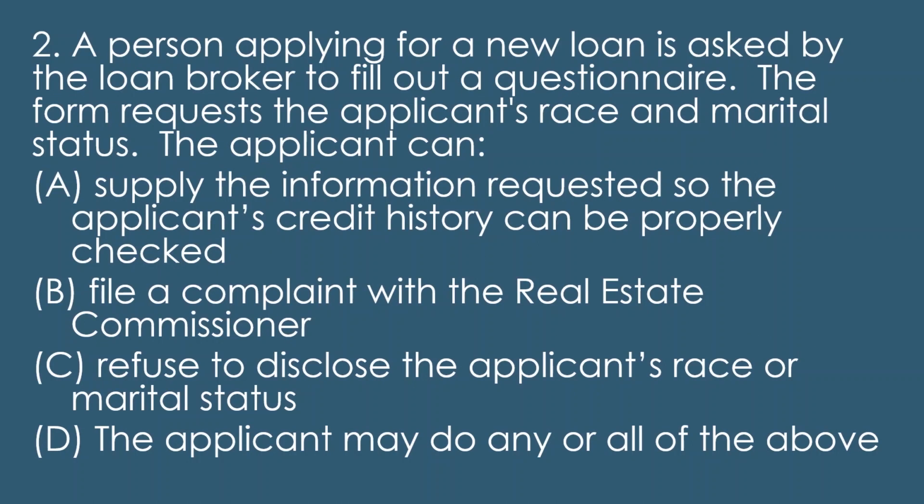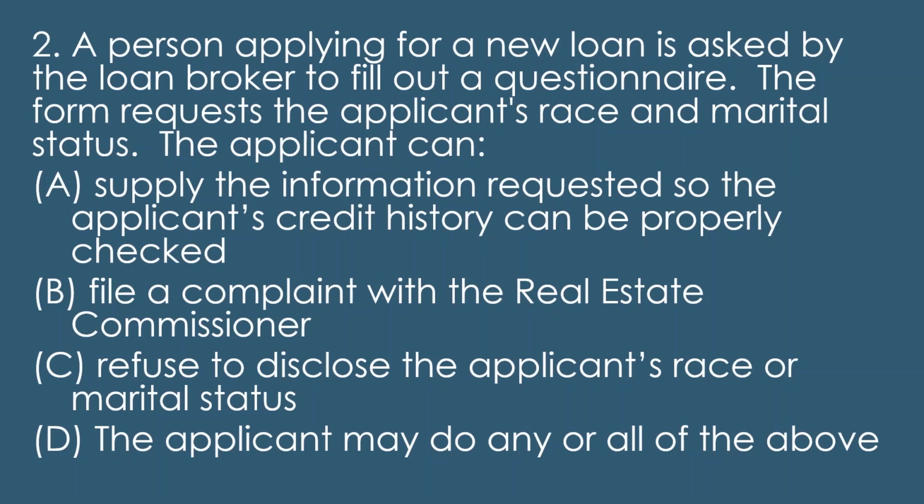A person applying for a new loan is asked by the loan broker to fill out a questionnaire. The form requests the applicant's race and marital status. The applicant can: A, supply the information requested so the applicant's credit history can be properly checked; B, file a complaint with the real estate commissioner; C, refuse to disclose the applicant's race or marital status; D, the applicant may do any or all of the above. So what do we know about this?